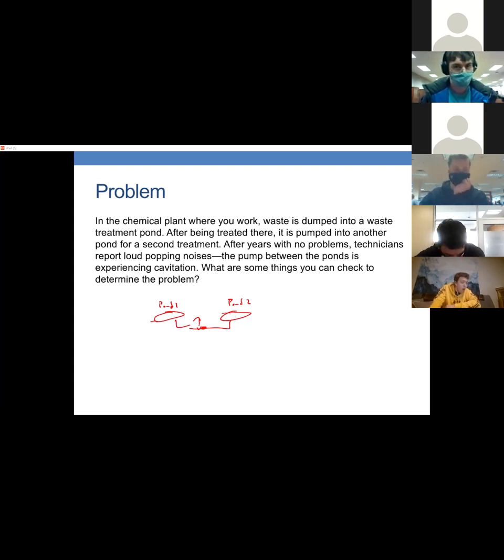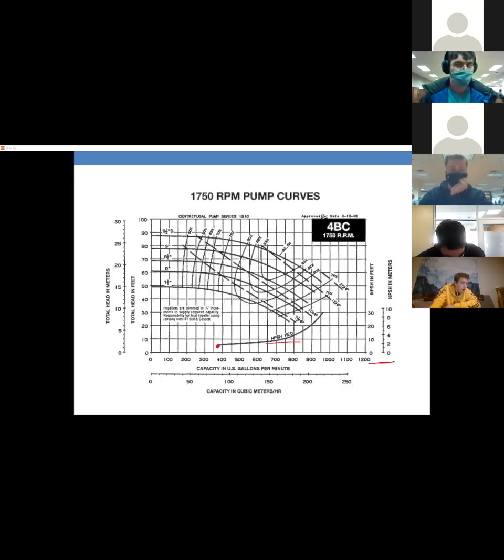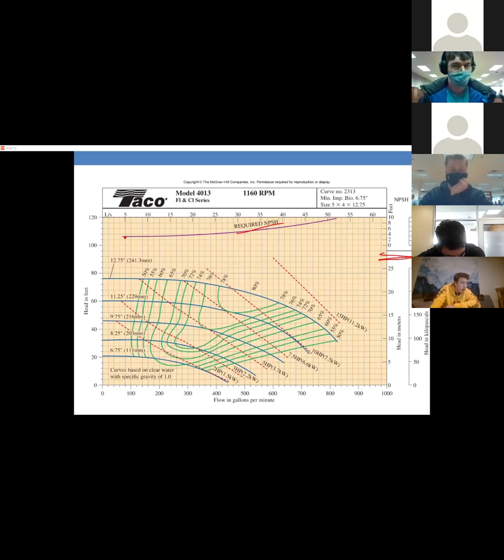So NPSH available is a property of the system, and NPSH required is a property of the pump? Yes, exactly. It's analogous to the pump curve and the system curve from Friday.